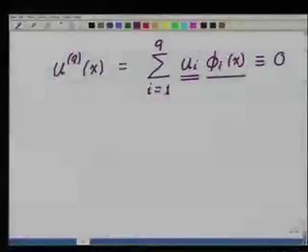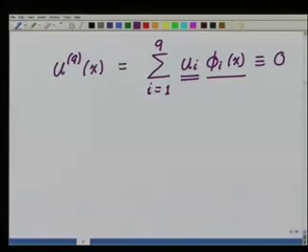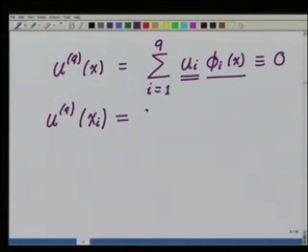So if this function u9 of x has to be 0 everywhere, it has to be 0 at the point xi also, which is equal to, from the summation, what do we get? All other phi's will vanish there, only the ui will remain.